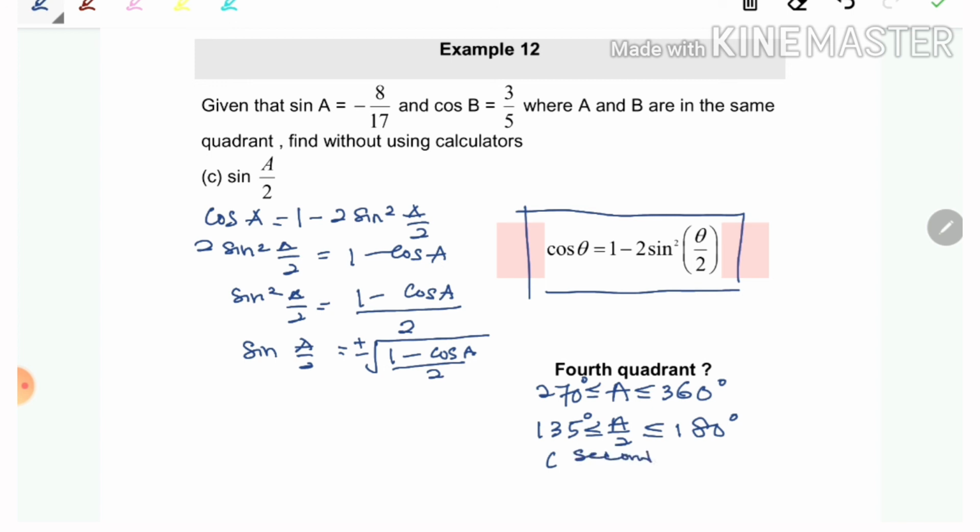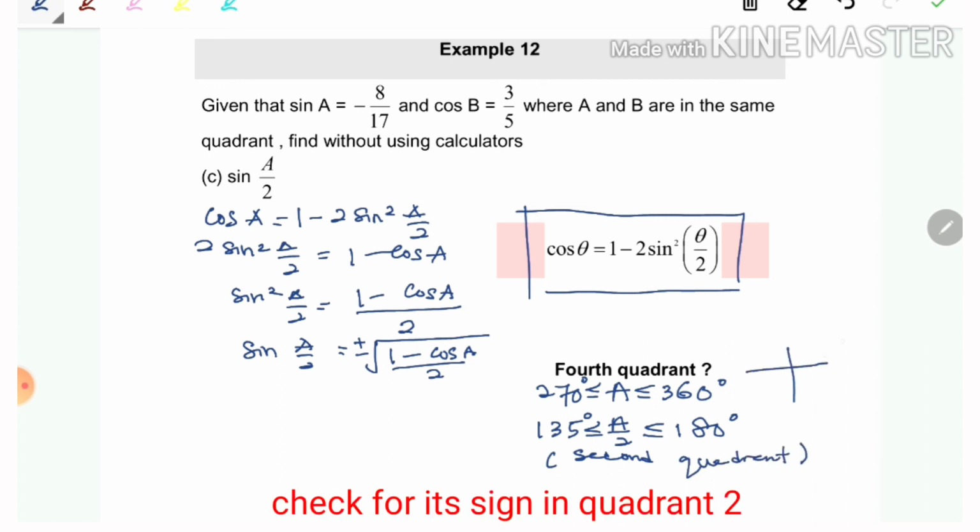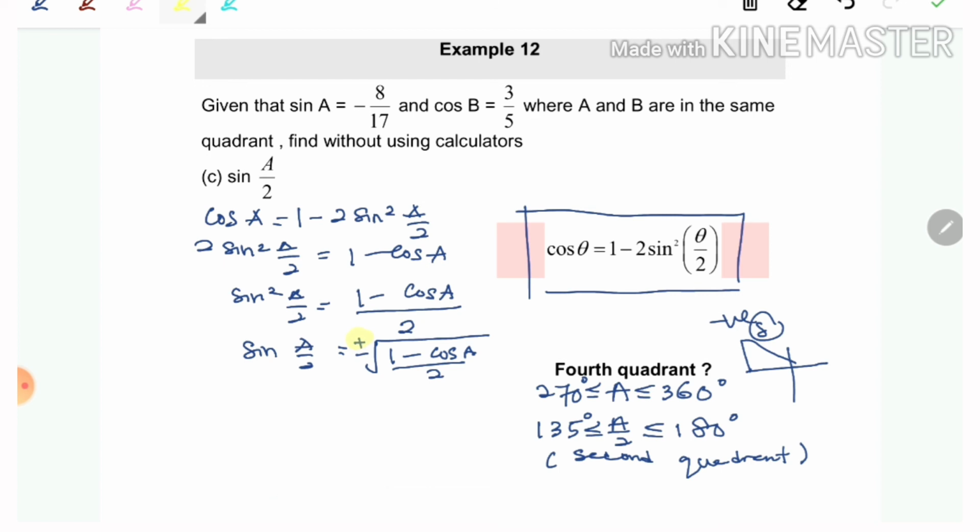In the second quadrant, we know that sine is positive. So from this statement, we need to choose the positive sign only and drop the negative sign.